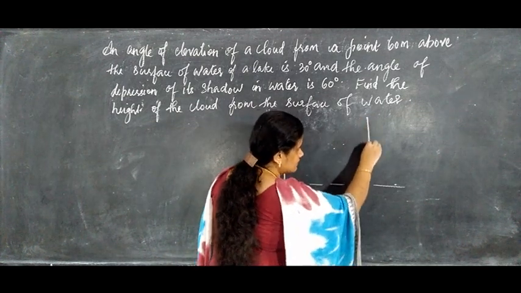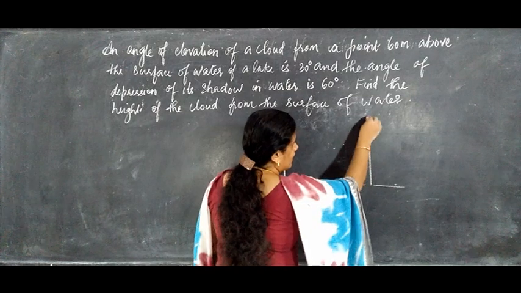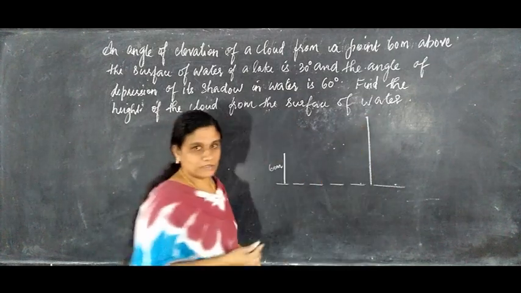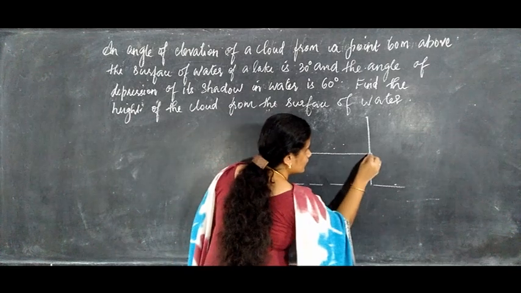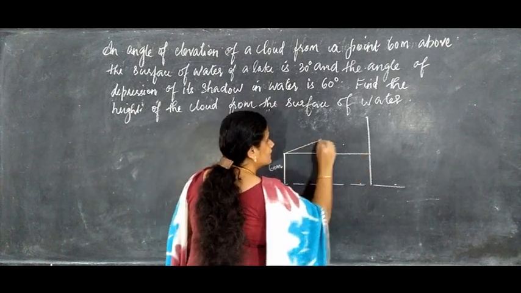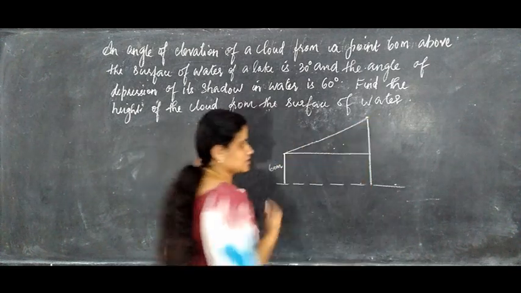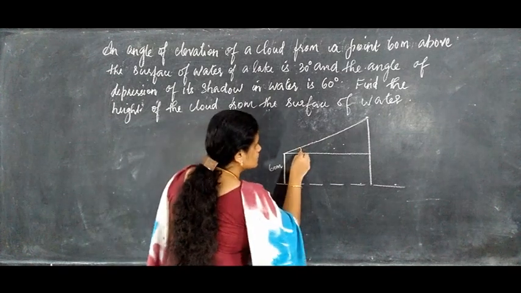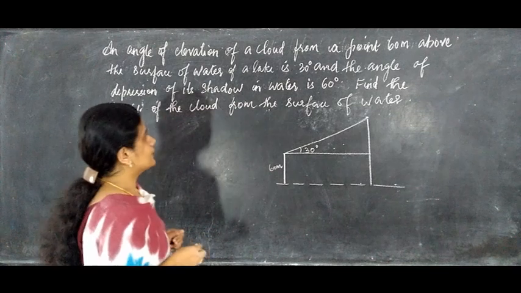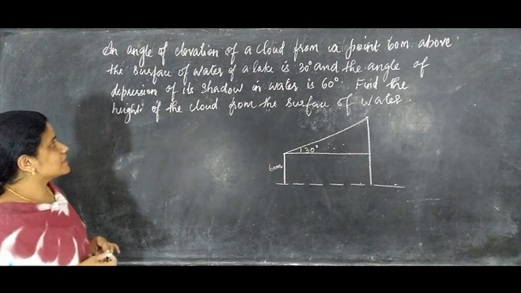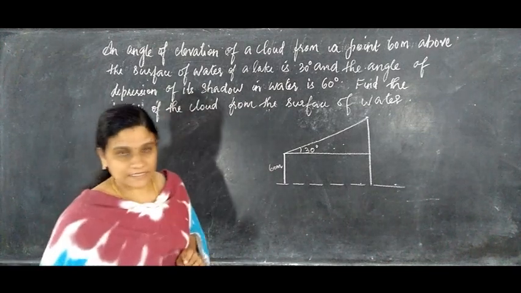We'll mark a point for the cloud. Now the angle of elevation, from the horizontal line, this is equal to 30 degree. Now the next thing, the angle of depression of its shadow in water is 60 degree.